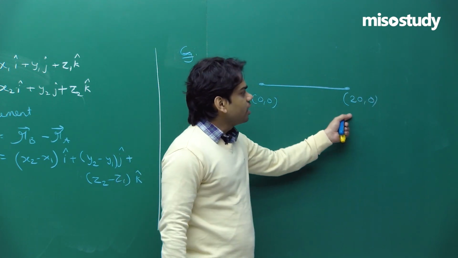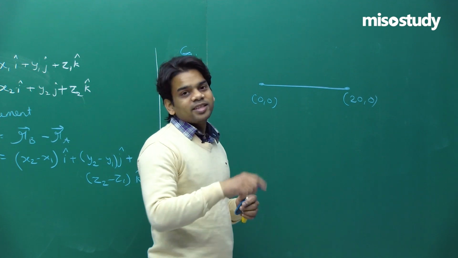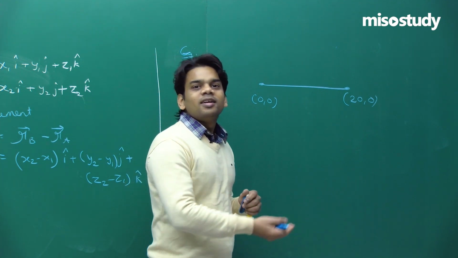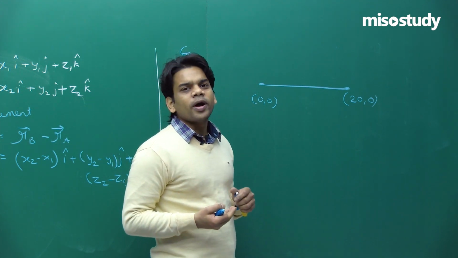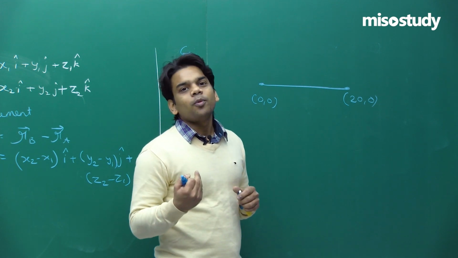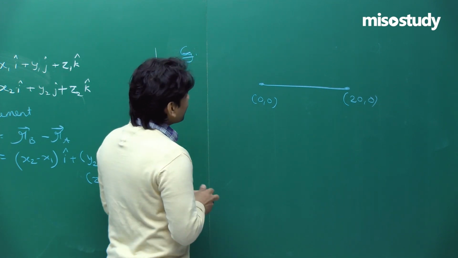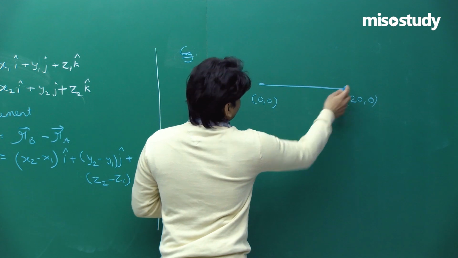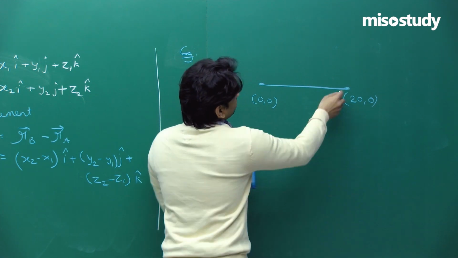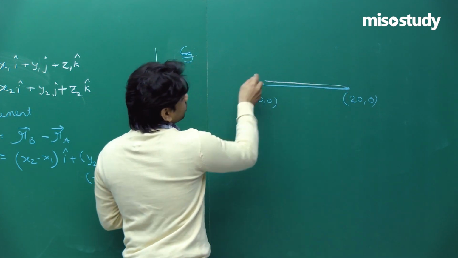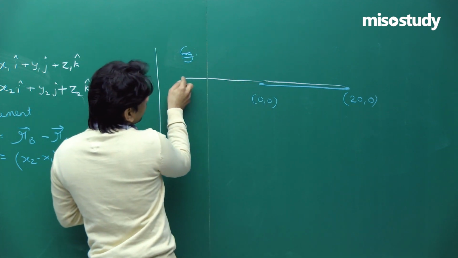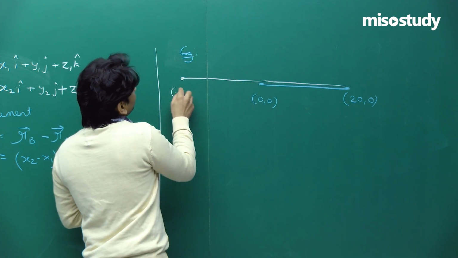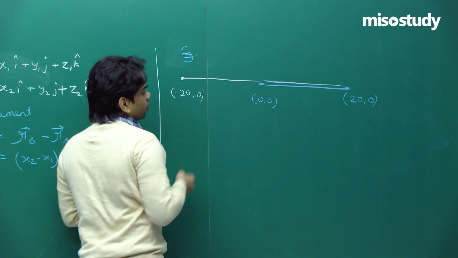This is the final point. Now the particle turns back, comes to its initial point, and further travels ahead to a point minus 20, 0. That is, it turns back and travels along the same straight line but in the opposite direction, and finally reaches the point minus 20, 0.